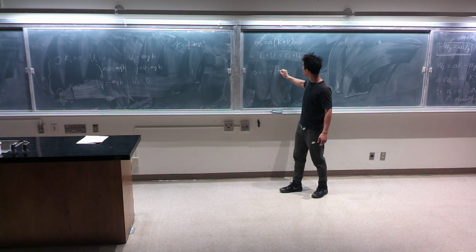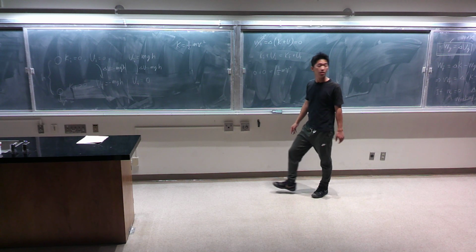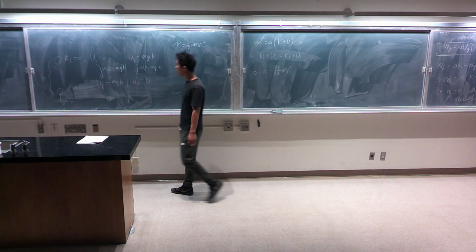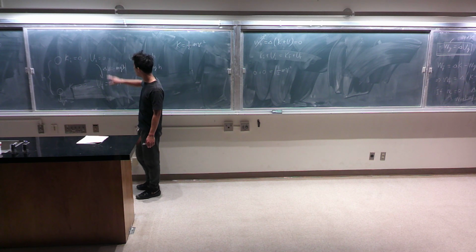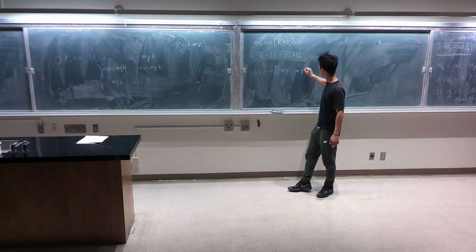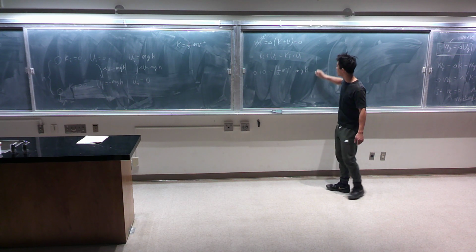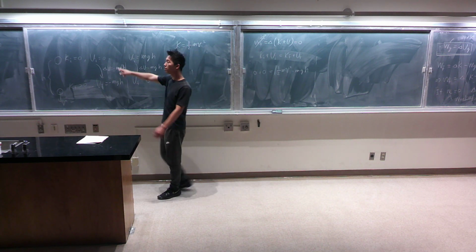And the final speed is just v. So I get 1/2 mv squared as my final kinetic energy. And my final potential energy, if I set the potential energy up here to be 0, will be minus mgh. So this is what I get if I set the potential energy up here to be 0. Okay?